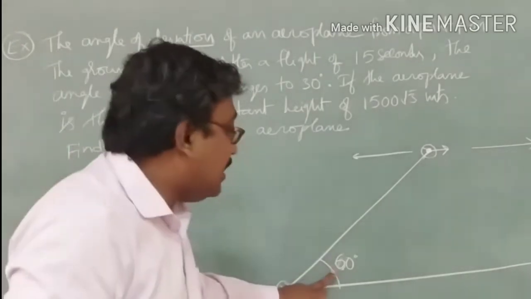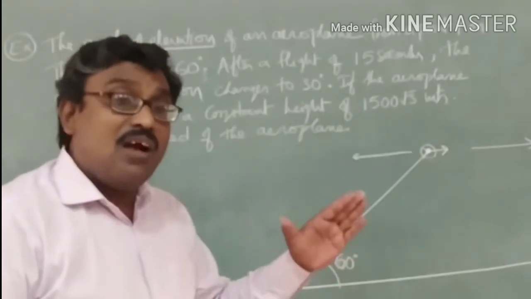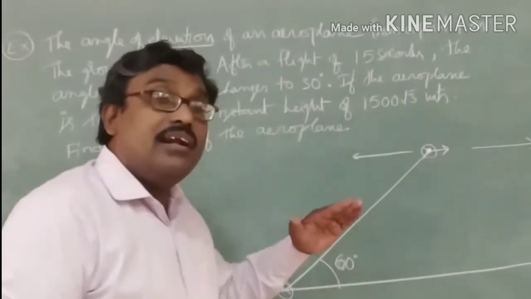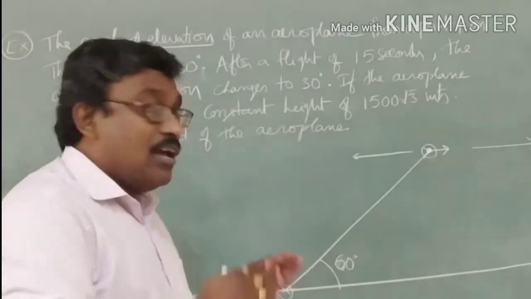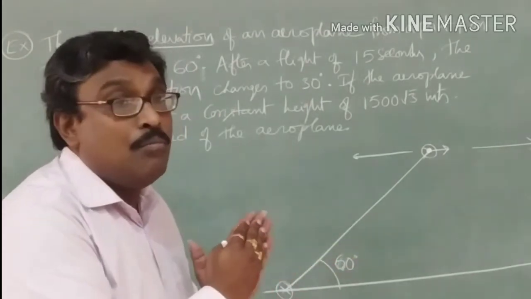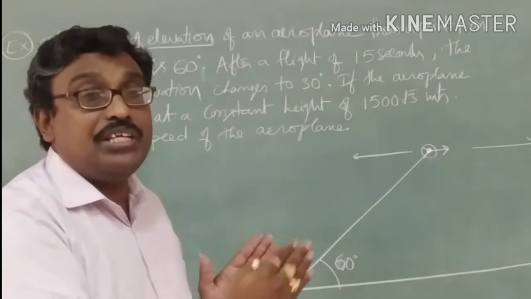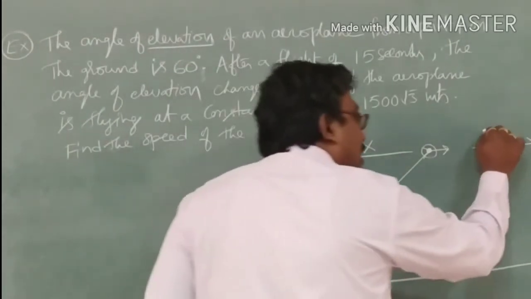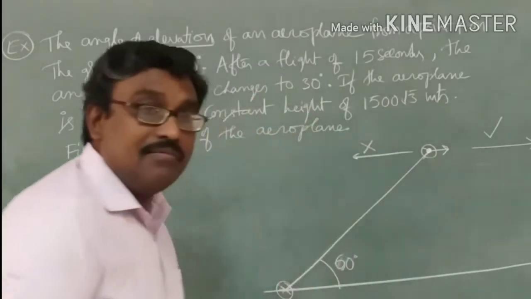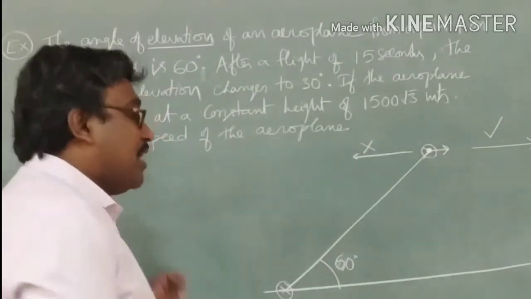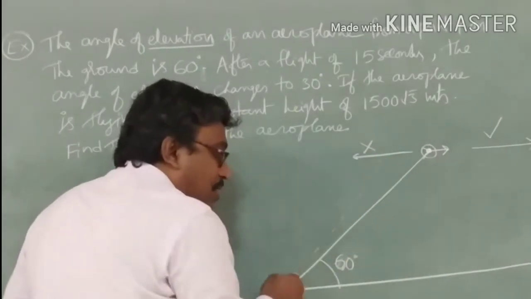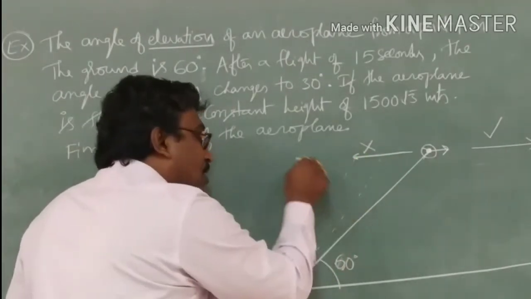That means here it is 60 degrees. The angle of elevation changes to 30 degrees. Angle is decreasing. That means the distance will be more from the observation point. That means it won't be in this direction only. Understand? Because here 60 degrees. If flight is here, then what you will say? More than 60 degrees. Okay?